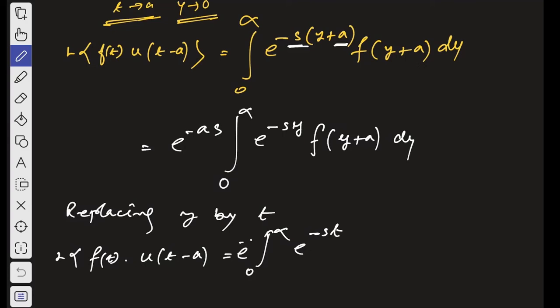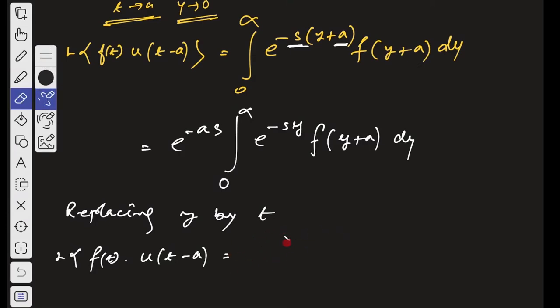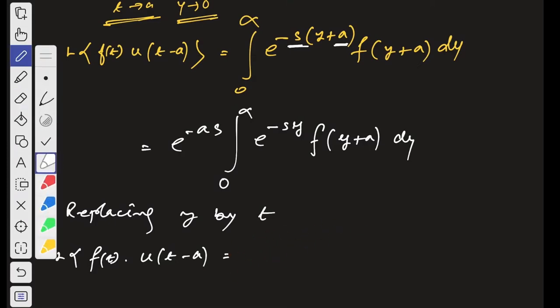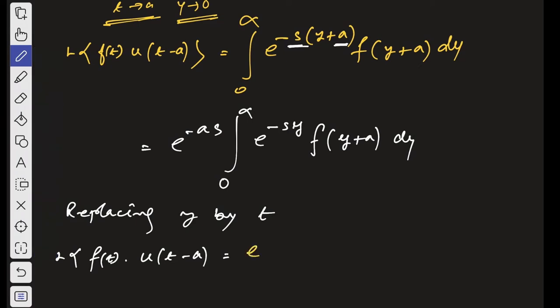minus st. Here I missed it, the term e to the power minus sa should be written here, so let me write it clearly. Here you can see e to the power minus sa times the integral from 0 to infinity.